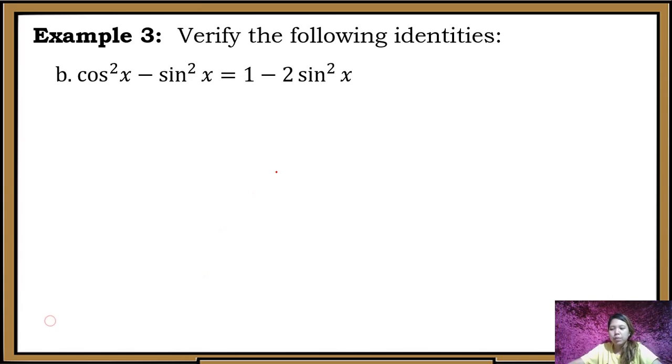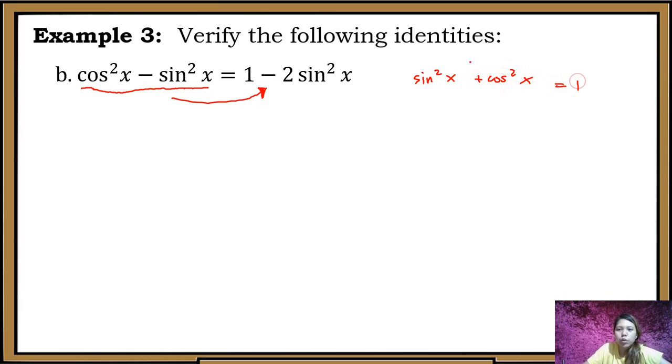Very easy. Okay, so we have here letter B, cosine squared x minus sine squared x equals 1 minus 2 sine squared x. In this case, I'm going to choose the left side and transform it. I'm going to use the Pythagorean identity, which is sine squared x plus cosine squared x equals 1. Whether I look for sine or cosine, either way, I'll just choose cosine.